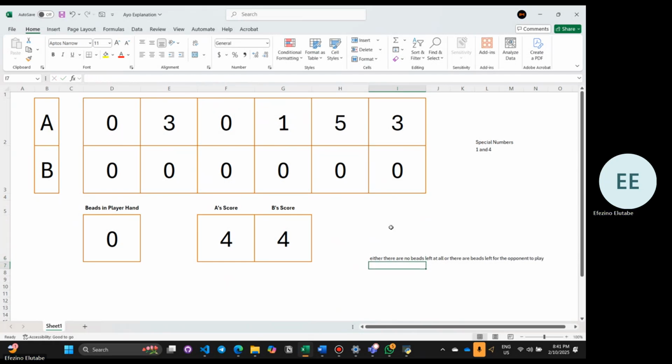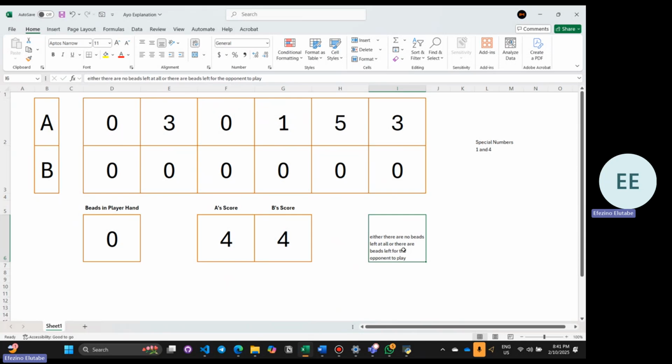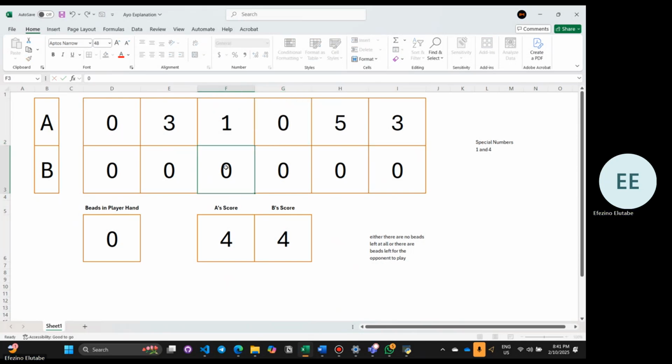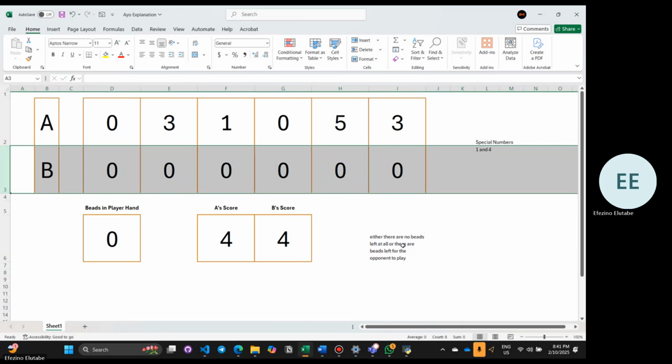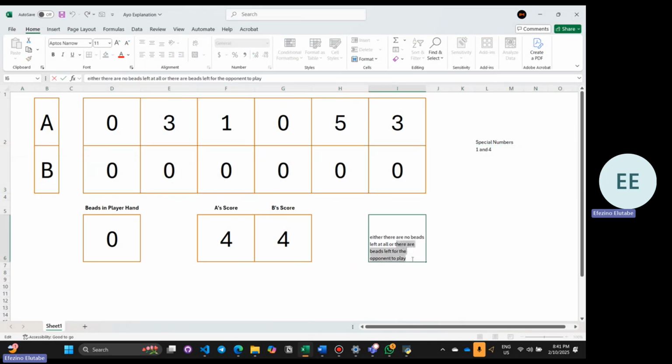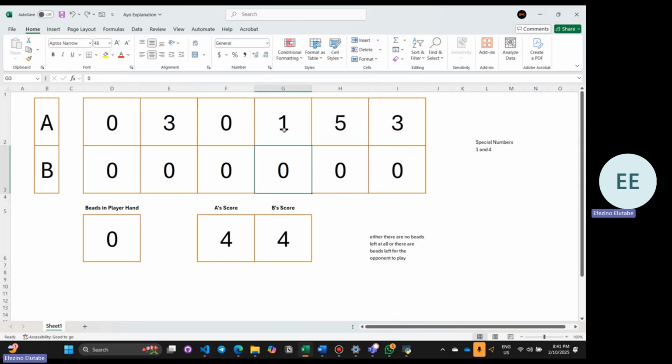So a move is valid when this condition is met. If I say I want to play from this house by taking it and distributing it, then player B would have nothing to play with. And in that case, there will be no bids left for the opponent to play. So this move will be invalid, right? I cannot play from this house.